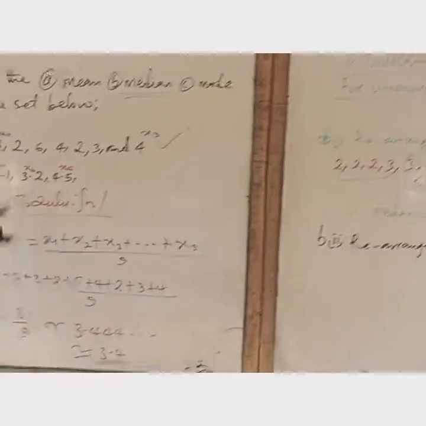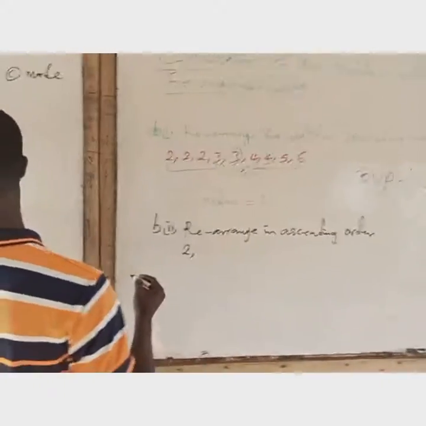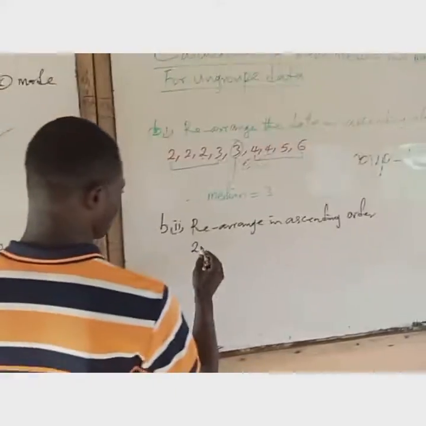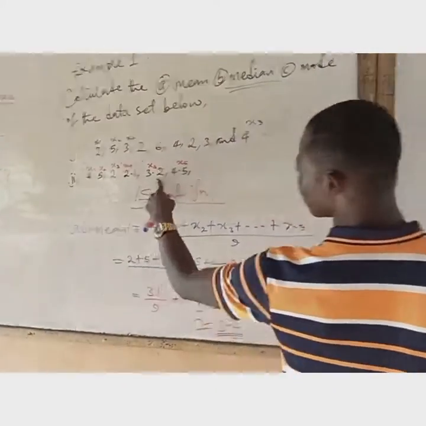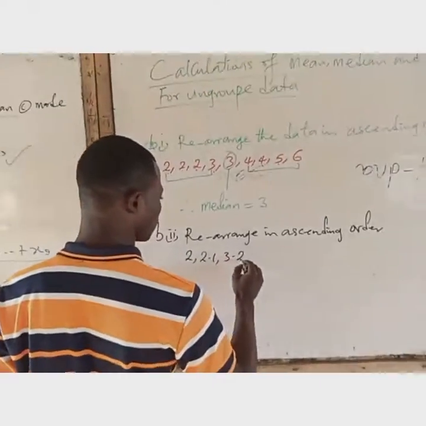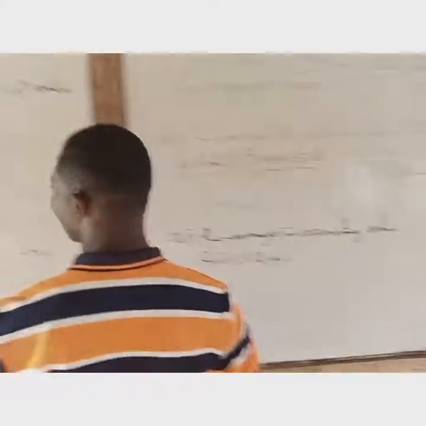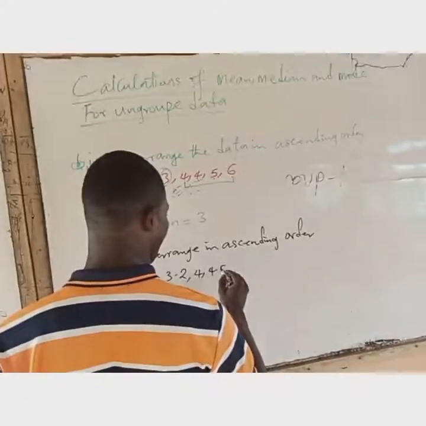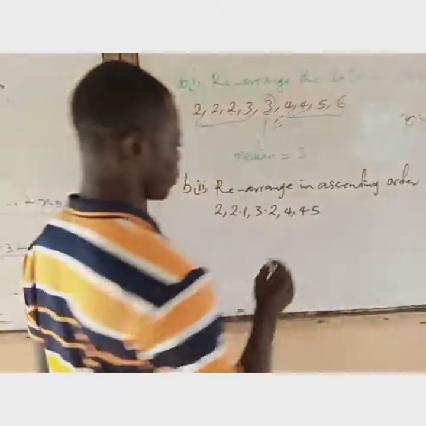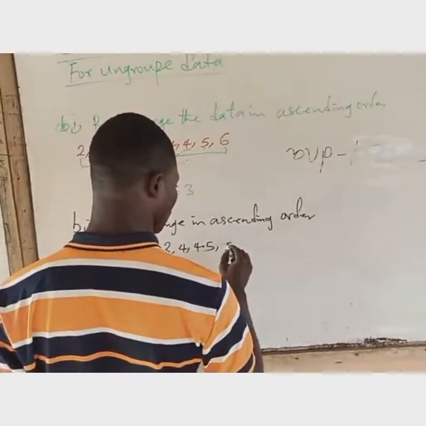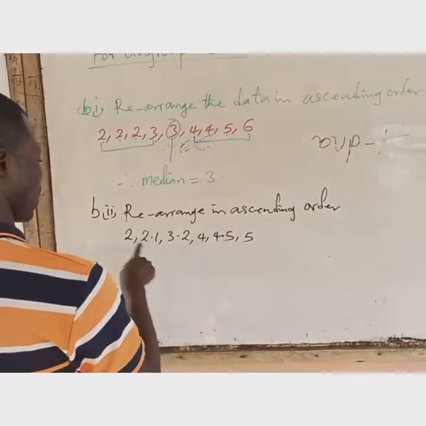So the first one is 2, followed by 2.1, followed by 3.2, followed by 4, followed by 4.5, followed by 5. So we have 1, 2, 3, 4, 5, 6.